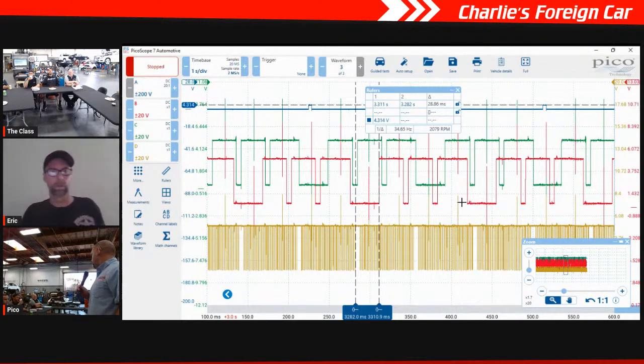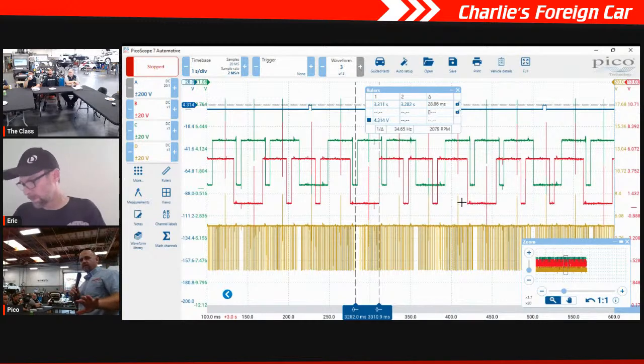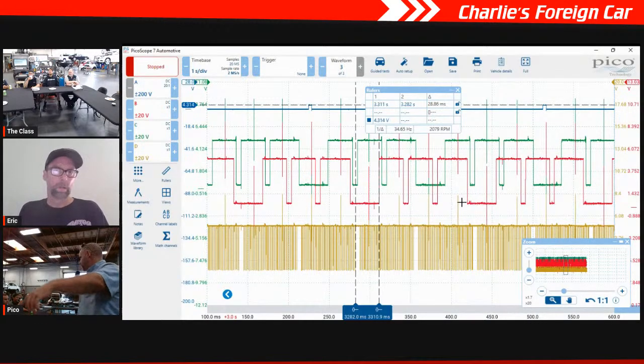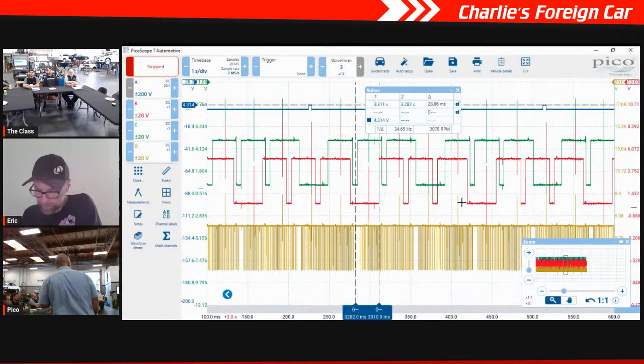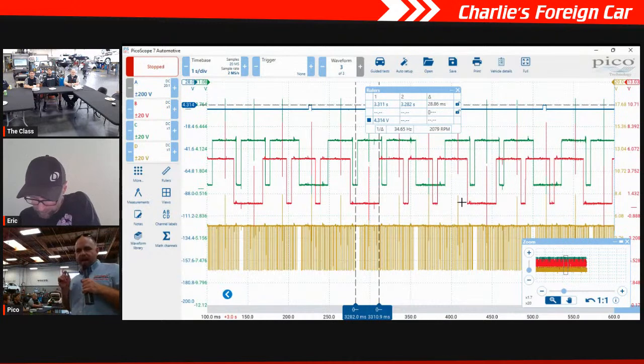So the crankshaft and camshaft have a 10 millisecond difference. So the timing definitely changed on the intake side when we commanded it on. It reduced time, less time on the activation.